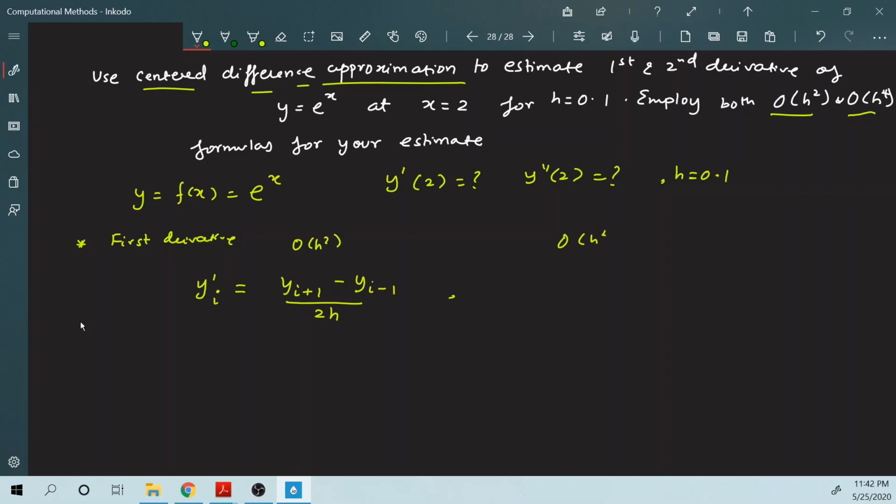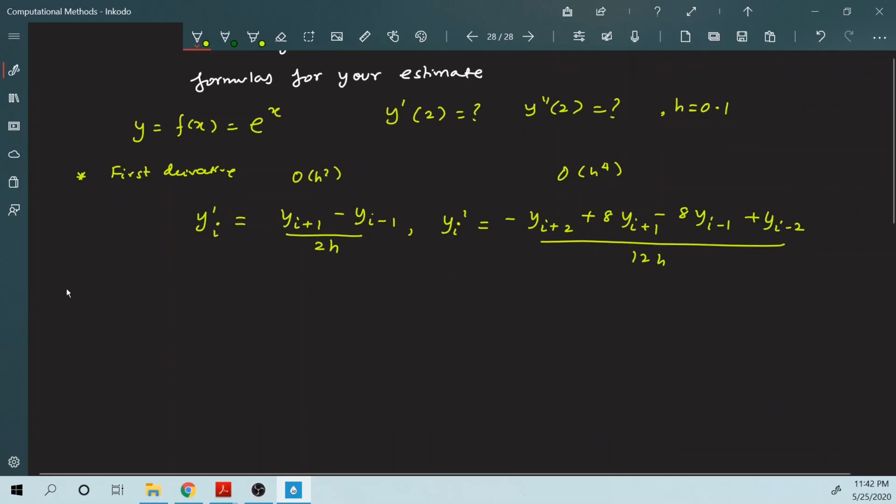And if you want to write down the formula for first derivative with the fourth order approximation, centered difference scheme, divided by 12h.